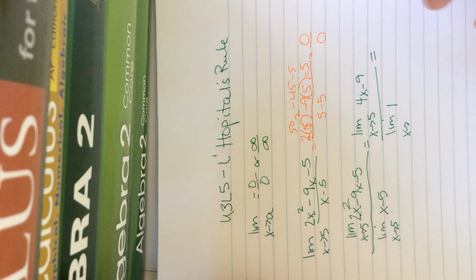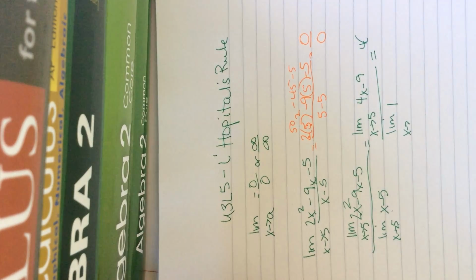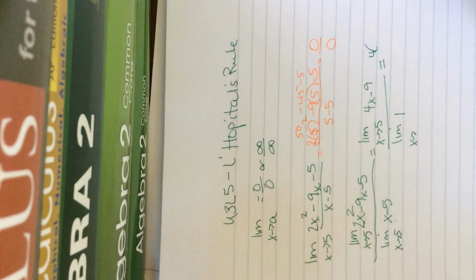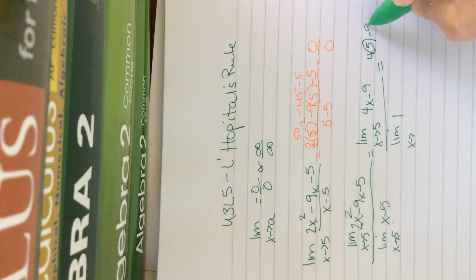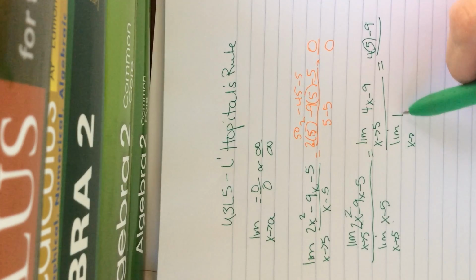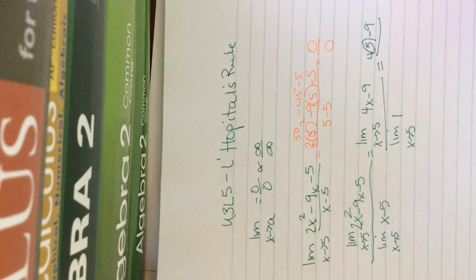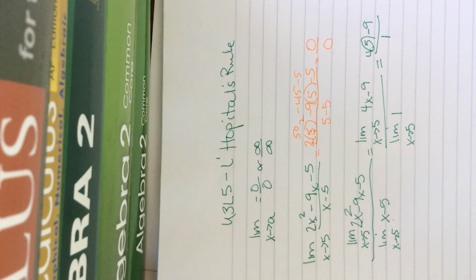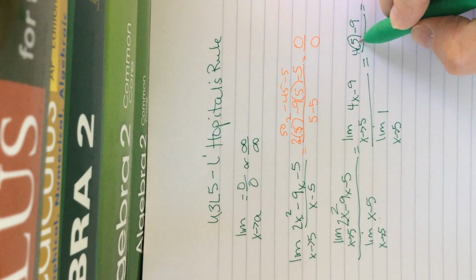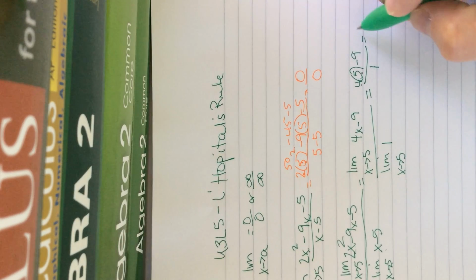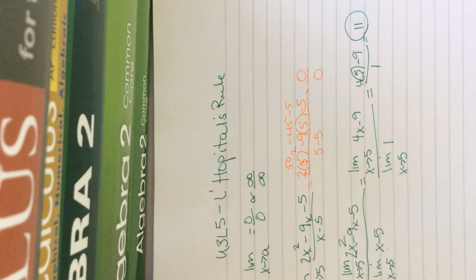Substituting 5 in for x, we get 4 times 5 minus 9 over, what's the limit of 1 as x approaches 5? It is 1. And so therefore, 4 times 5 is 20. 20 minus 9 is 11.